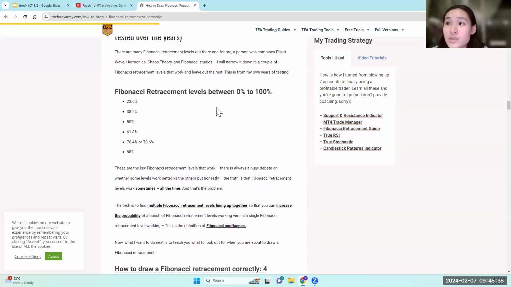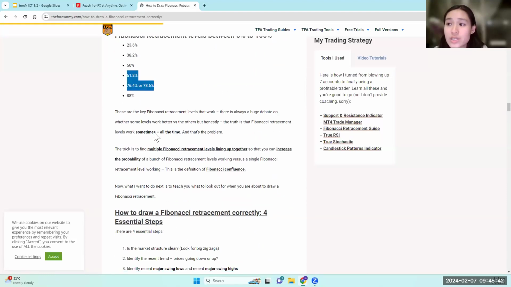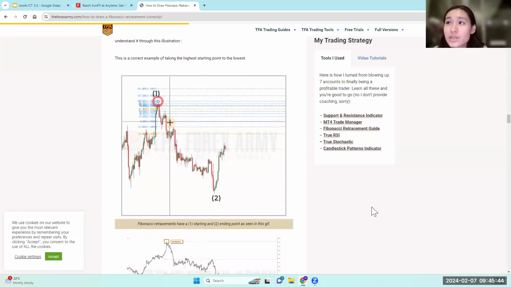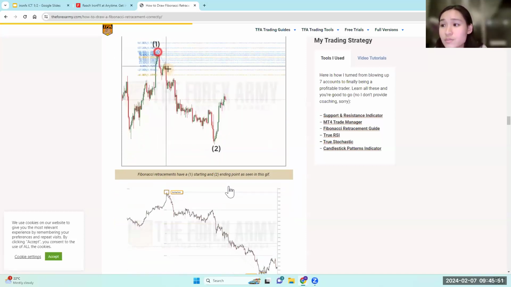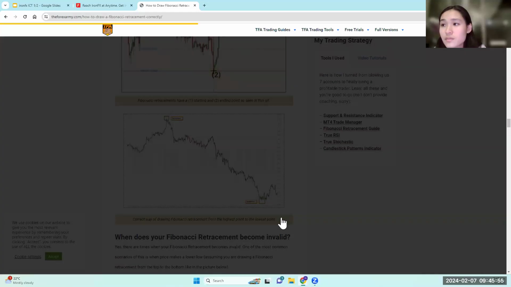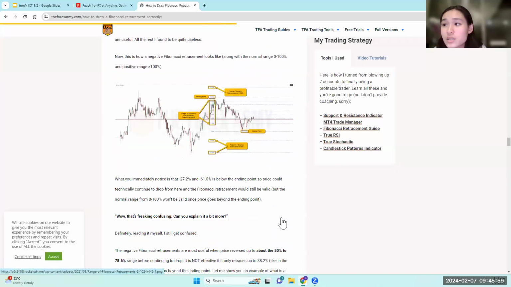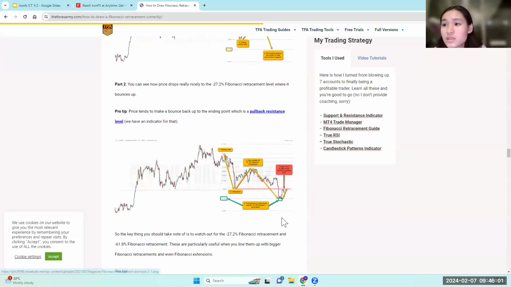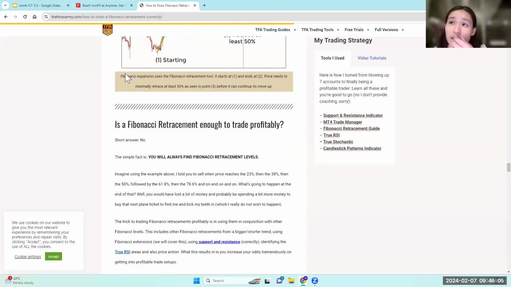Although we typically use these levels, you would just be looking at these two levels here. How that works is basically by looking at the highest starting point to the lowest, or something like here. It shows you the invalid as well. Yeah, but you can just go ahead to this website and take a look.